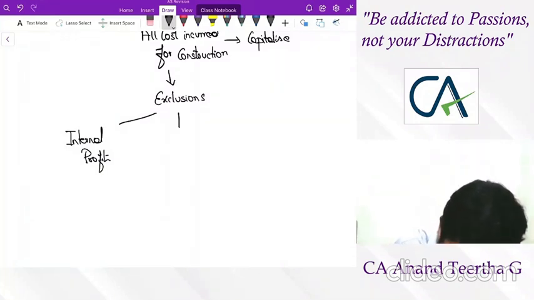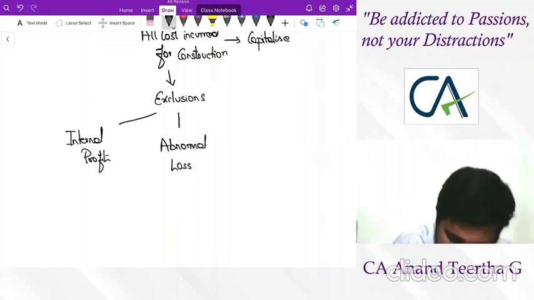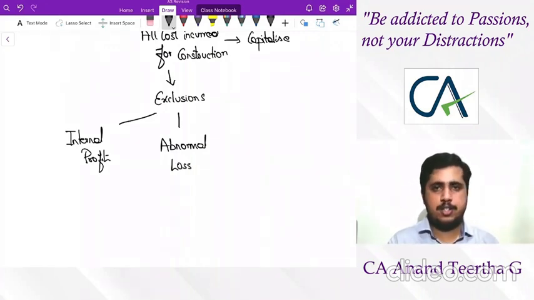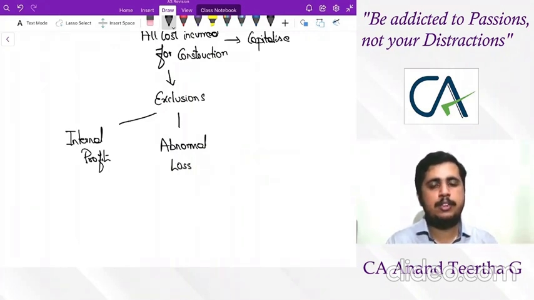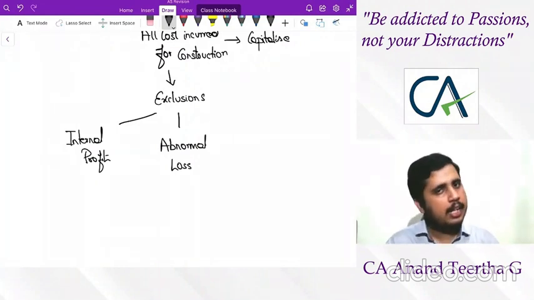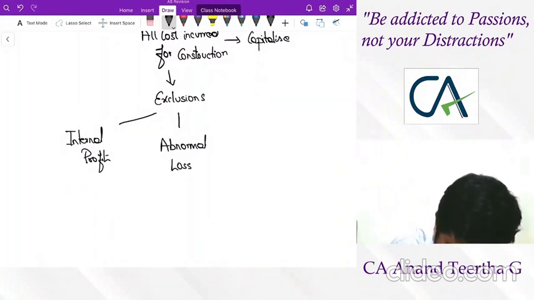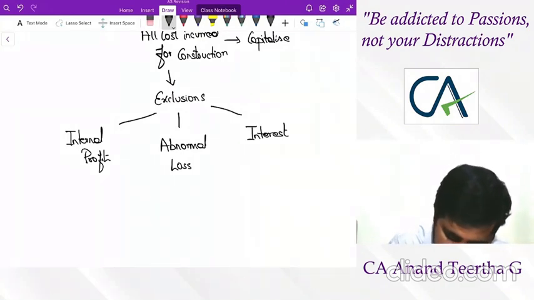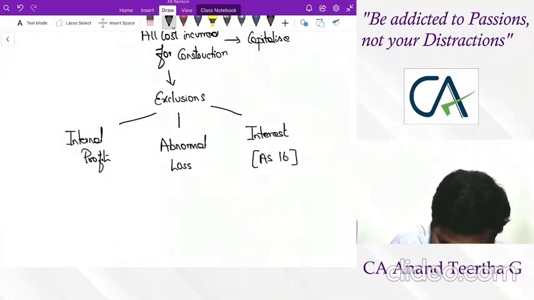Then exclude any abnormal loss which you incur while going for self-construction. So for self-construction purposes, if there is any abnormal loss, exclude it. Third, if there is any interest which is incurred for the construction purpose, it is excluded. If at all it is covered by AS 16, it can be considered for inclusion.